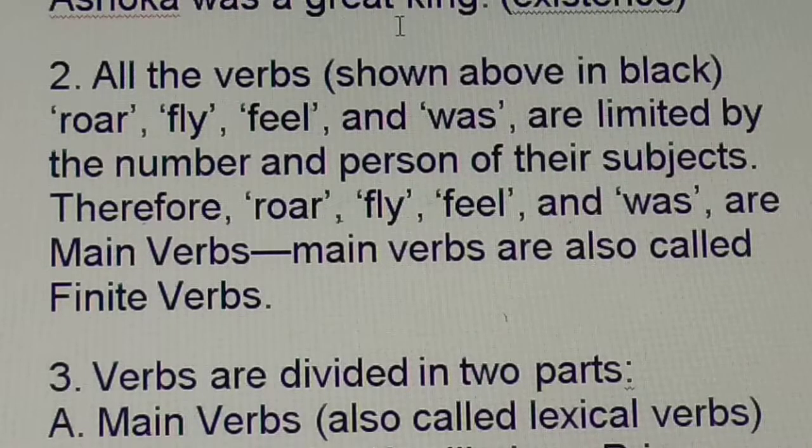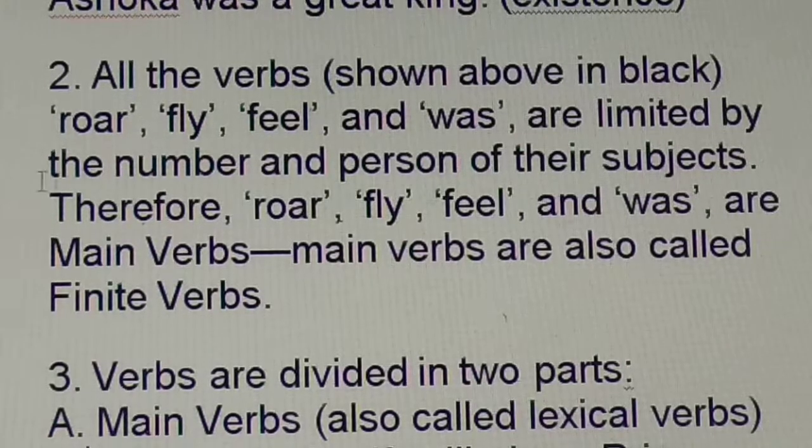All the verbs shown above in black, roar, fly, feel and was, are limited by the number and person of their subjects. Therefore, roar, fly, feel and was are main verbs. Main verbs are also called finite verbs. You have to remember this, children.